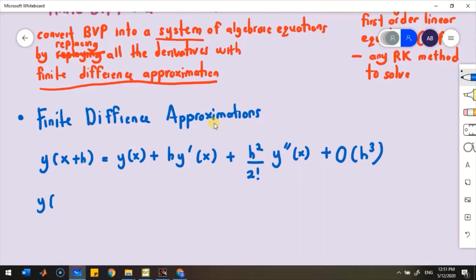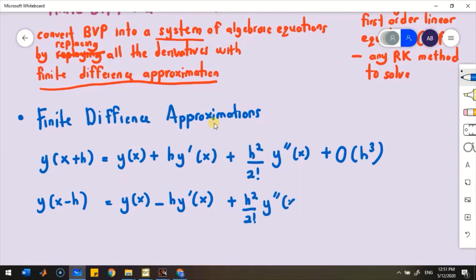And if you have y of x minus h, we have y of x minus h y prime of x, since h is now negative, plus h squared, because negative h squared is positive, and then we have higher order terms.